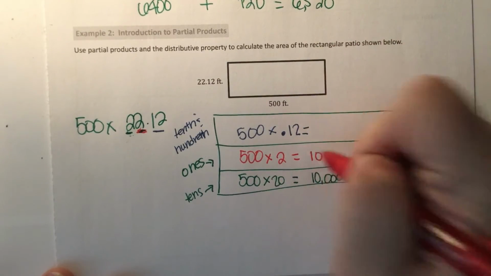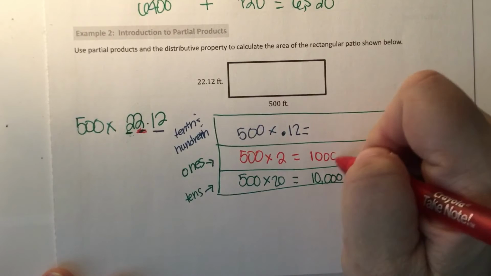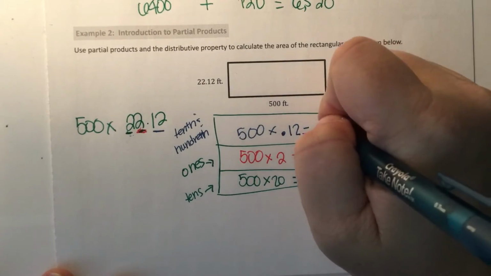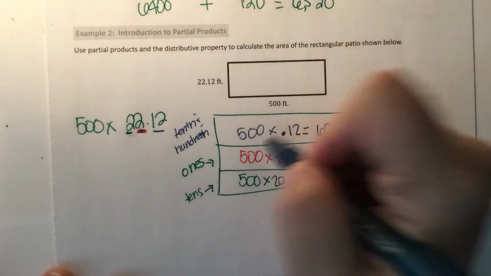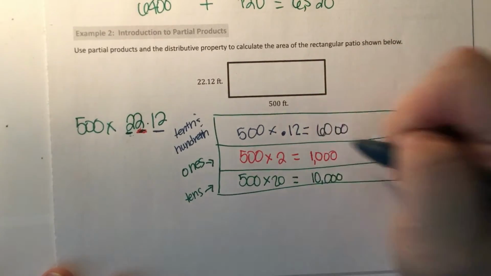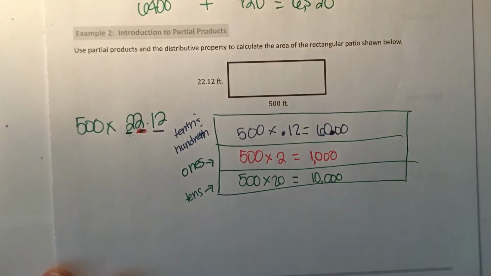Okay, I know that's 10, and I only have 2 zeros this time, right? Awesome. Let's go to the next one. Can we do 5 times 12? Okay, we know that that's 60, and we have 2 zeros, right? But guess what? We have 2 decimals. Okay, so we enter that there.